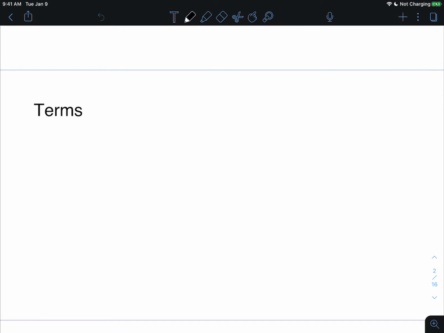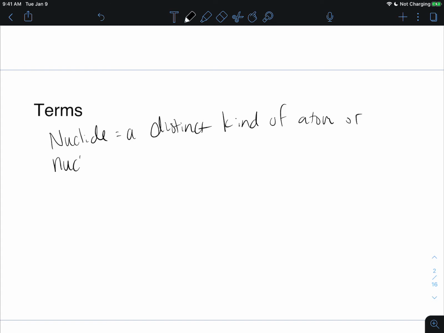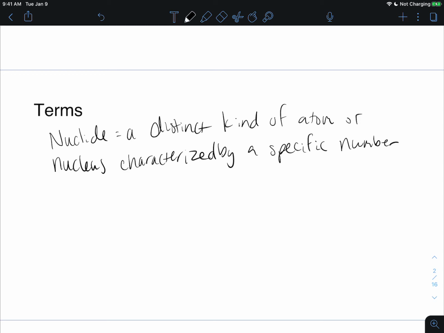So let's go over some terms real quick. First is the idea of a nuclide, which is a distinct kind of atom or nucleus, characterized by a specific number of protons and neutrons.